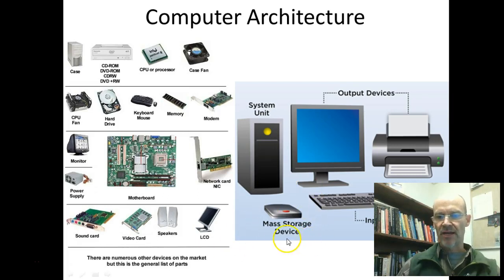Of course, there's a variety of storage devices that are available, but once you get into this system unit, generally, and again, these are highly variable now, a lot of new computers are not including the CD-ROM DVD player, for example. All computers will include the central processing unit, generally some kind of a cooling system.